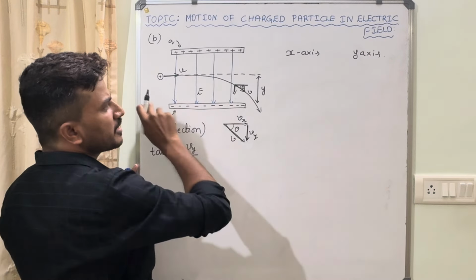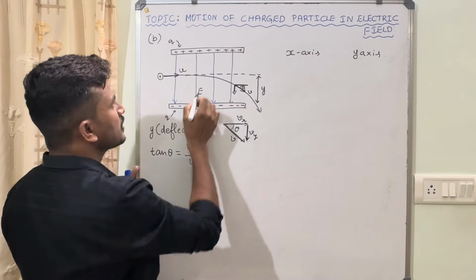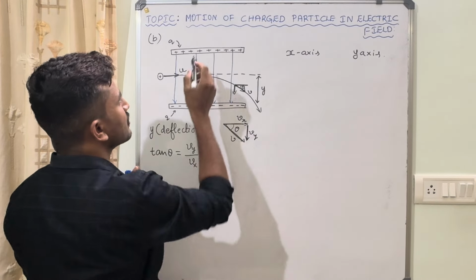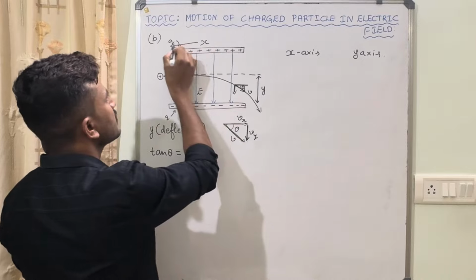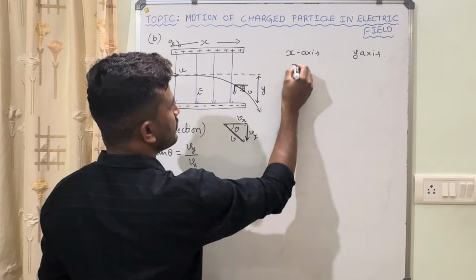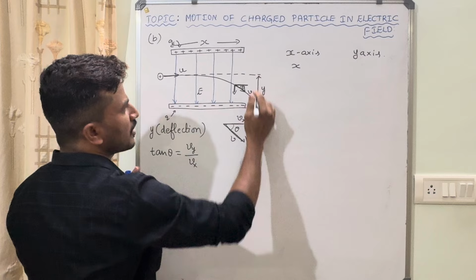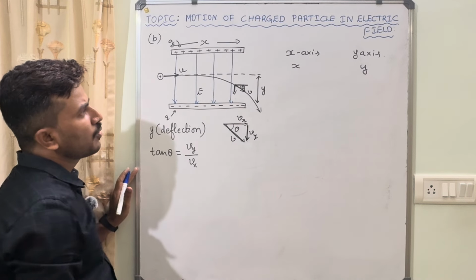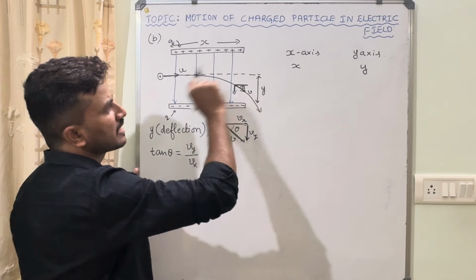What is the displacement along the x-axis? You can take it as x only, or you can consider it as L also. Here displacement is x. What is the displacement along the y-axis? Y.